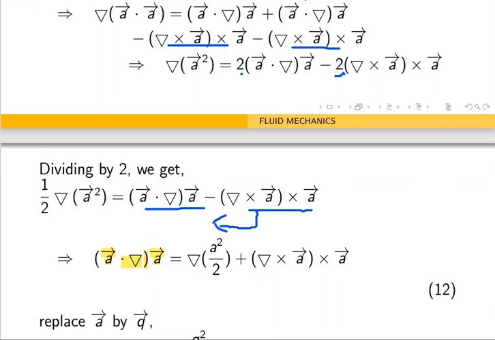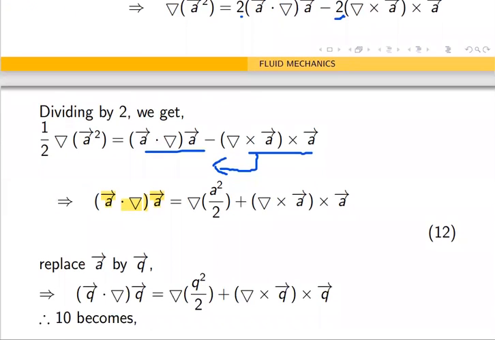This is our equation 12. Now this is happening for any vector A. Now replace that vector A by Q. Q is also a vector, no? We'll replace A by Q. So we get Q dot del Q is gradient Q square by 2 plus curl Q cross Q. Fine. So remember in equation 10, now we will replace that part in equation 10.